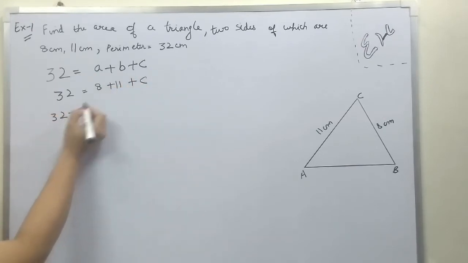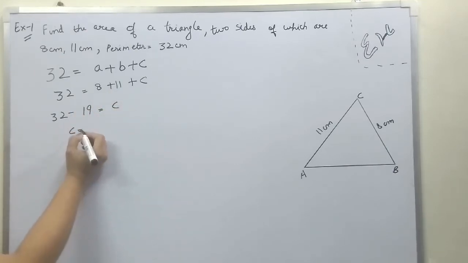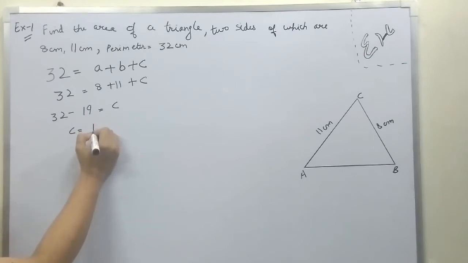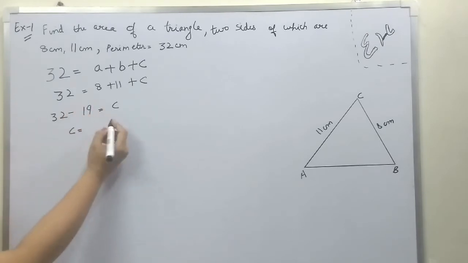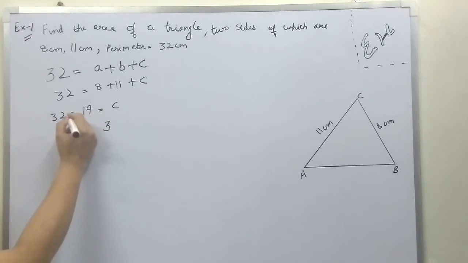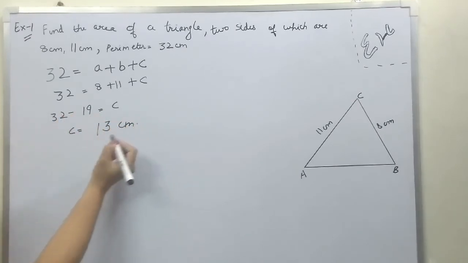Then 32 minus 8 plus 11, that is 19, is c. So your third side is 13 centimeter.